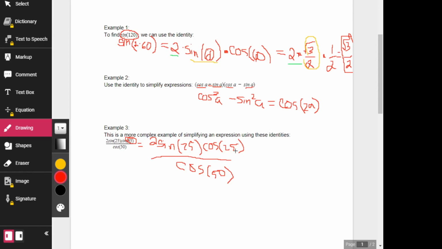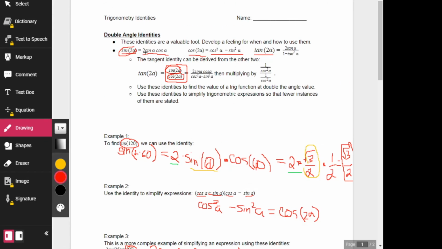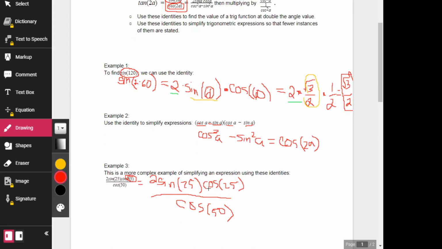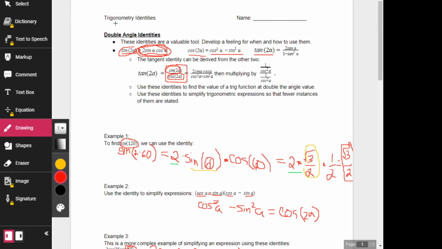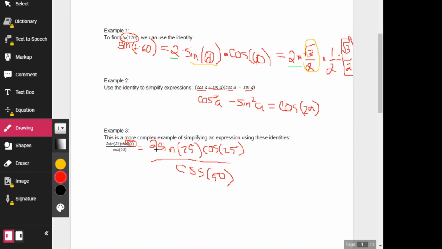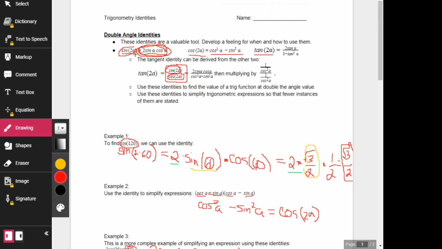This is the right side of the double angle identity for sine, which means that this is actually equal to sine of 50, right? If I'm seeing this, right, this right here, which I'm circling right now, 2 times sine of a number times the cosine of the same number, which is what I have here, right? 25 and 25 taking the place of A, or alpha, then I know that that's actually equal to sine of 2A.